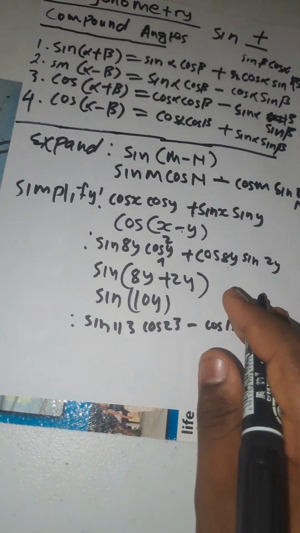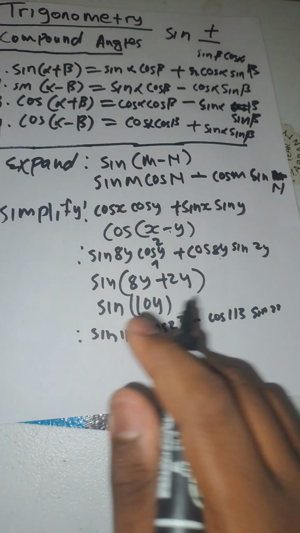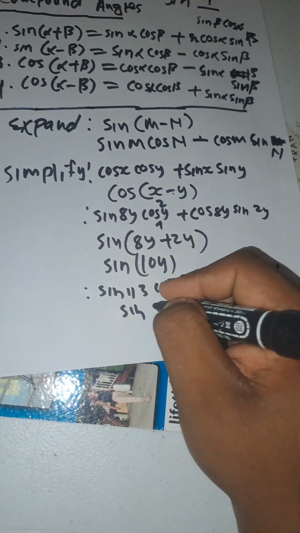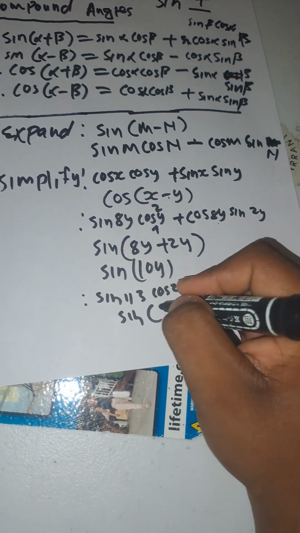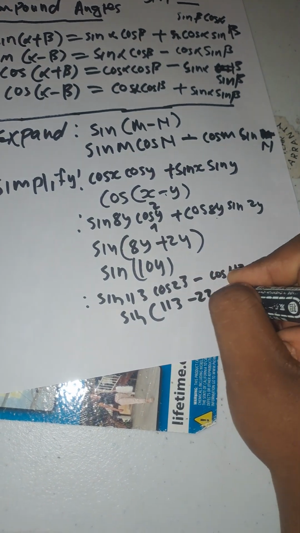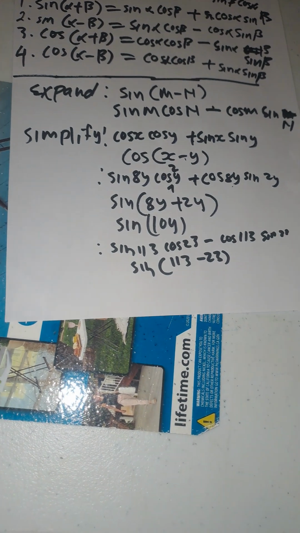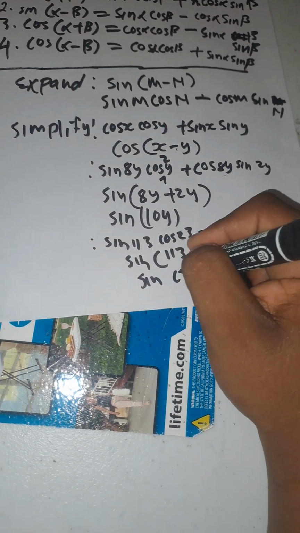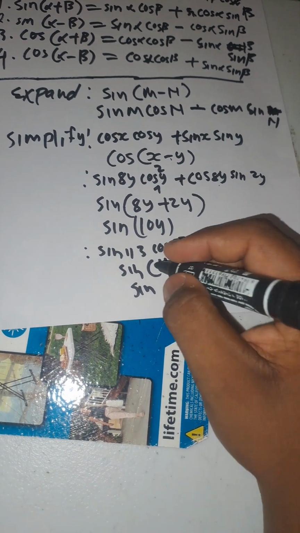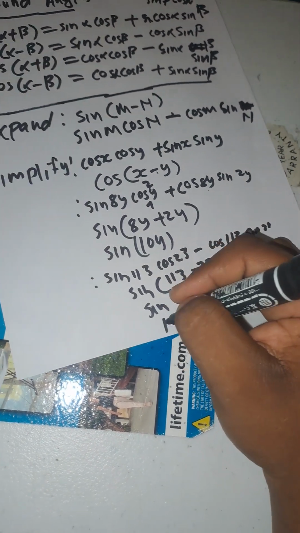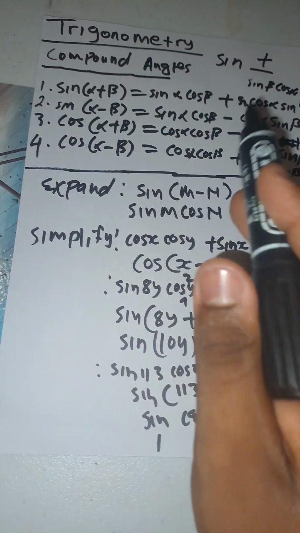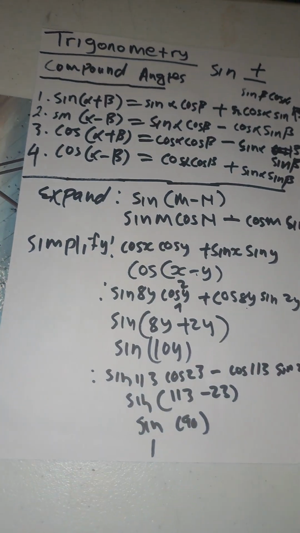Same thing as there, but now this is minus, so it's going to be sine of 113 minus 23, which is 90, so it's sine 90. And then what is my answer? It's 1. You see, that's how you simplify your things. You must know these identities by heart, so you must practice everything.